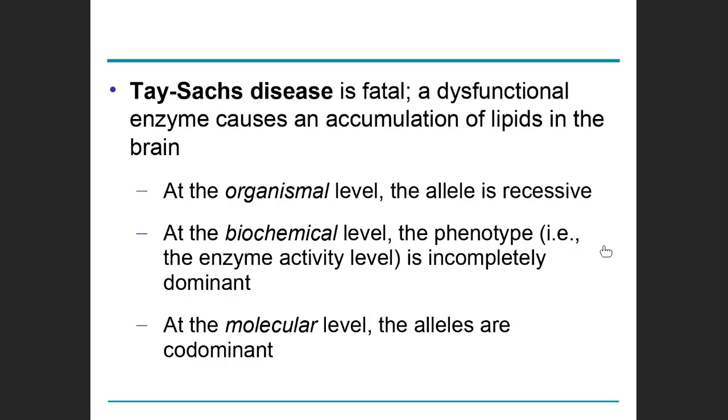If you have codominance and you see both phenotypes, that's how we typically define a codominant trait. But as we've seen here, if you're discussing at the organismal level, the biochemical level, or the molecular level, the dominance is different. So it does get sort of tricky, and that's why in science we try to be precise and say exactly what we mean.